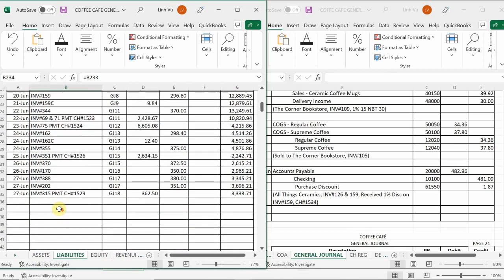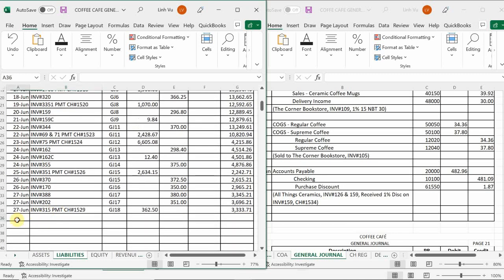I made a payment. Okay, so for invoice number 126 and 159, payment check number 1534. Journal still on page 20 here.